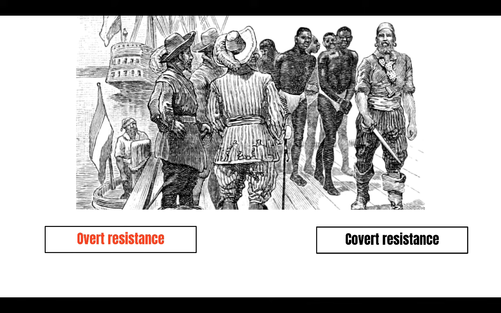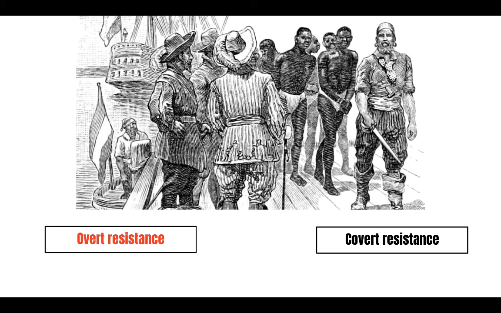Enslaved people also formed extended families, participated in work slowdowns, faked being sick, and various other methods of resistance to the institution of slavery. Overt forms of resistance were not as common, since various laws kept enslaved people under strict control, and open resistance could result in a person being physically punished, sold away from their family, or even killed.